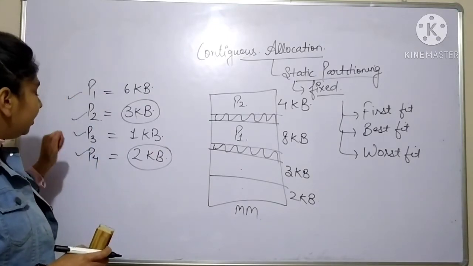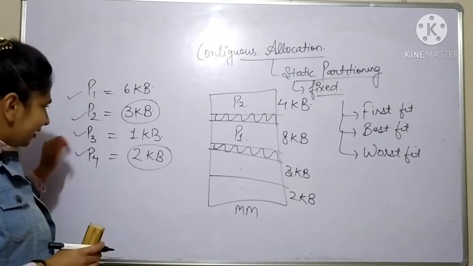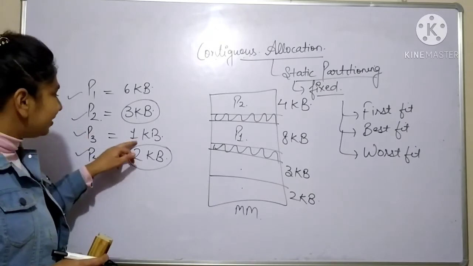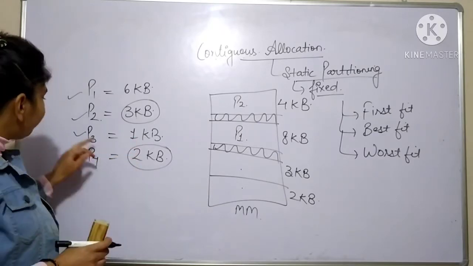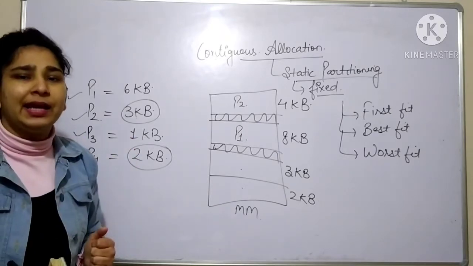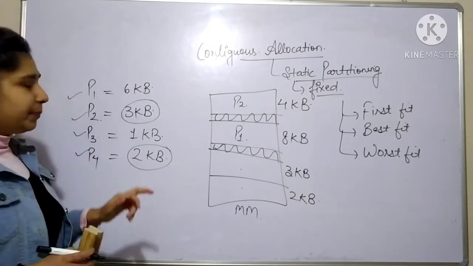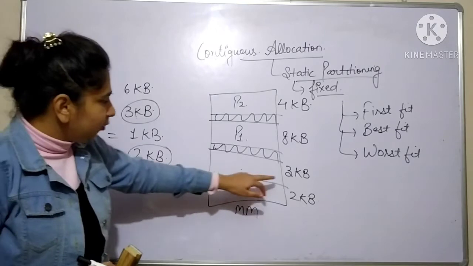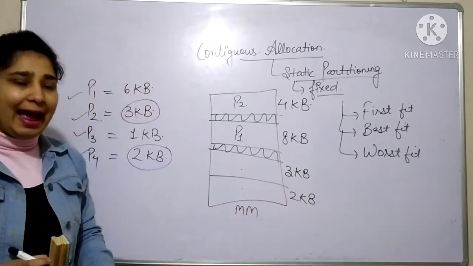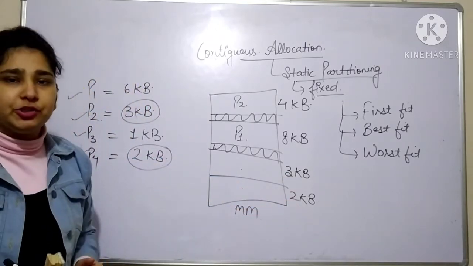Okay, so next we have process P3. The size of process P3 is 1 KB. This process P3 can be kept at this 3 KB partition and 2 KB partition.